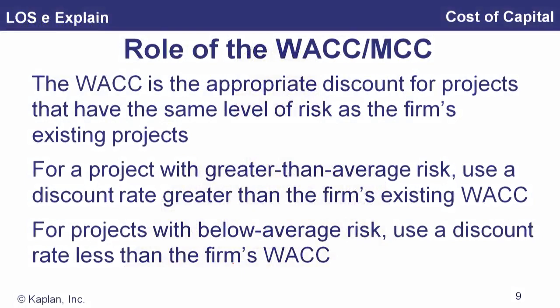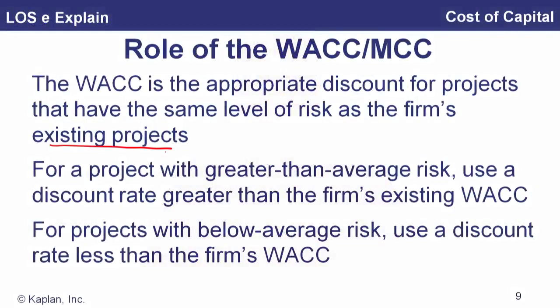The WACC is the appropriate discount rate for projects that have the same level of risk as the firm's existing projects. Well, this is because the firm as it exists right now, their costs of capital are based on the riskiness of the firm's cash flows and the uncertainty of the cash flows to these various sorts of capital. So the overall risk of the firm is important in determining what these costs are.